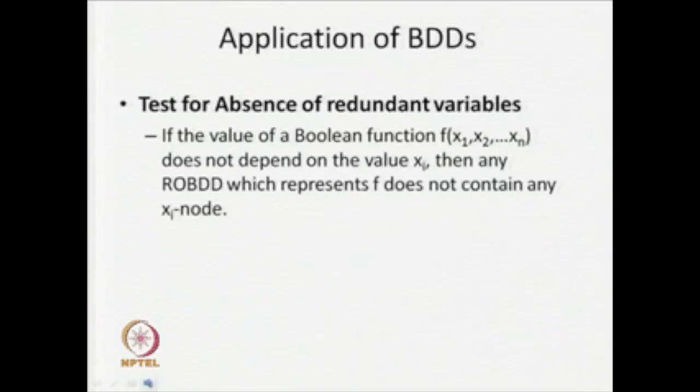Now, we can have any Boolean function. Say I have a function of x, y, z, some random function, x bar y plus x z plus y z.